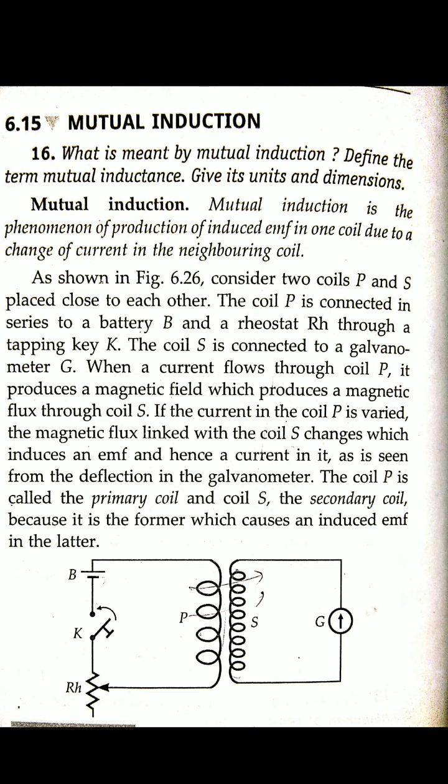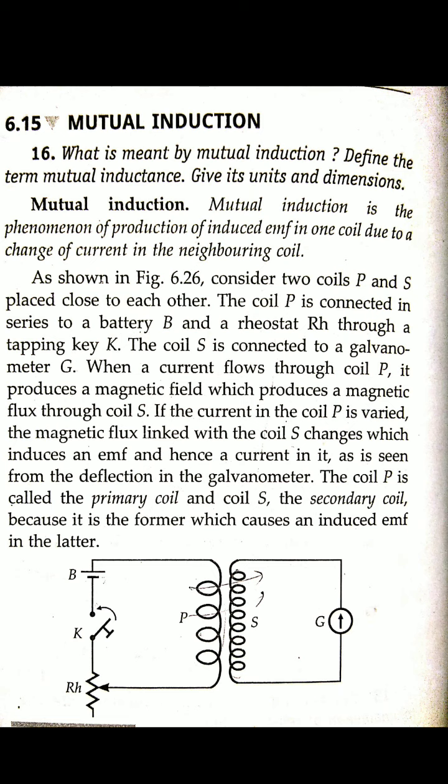You can see this in the figure: P is the primary coil, attached with a battery, key, and rheostat. In coil P the current changes, and the secondary coil is attached with a galvanometer, from which we can understand whether current is induced or not.